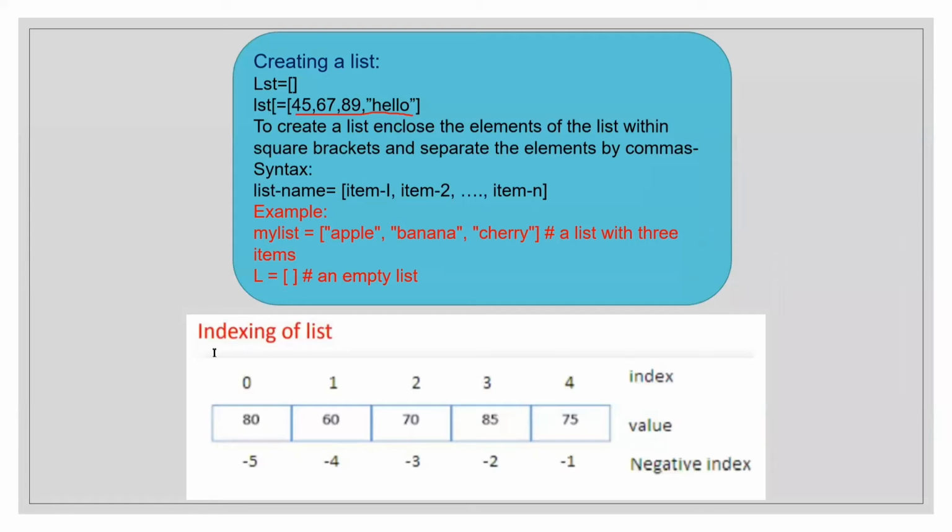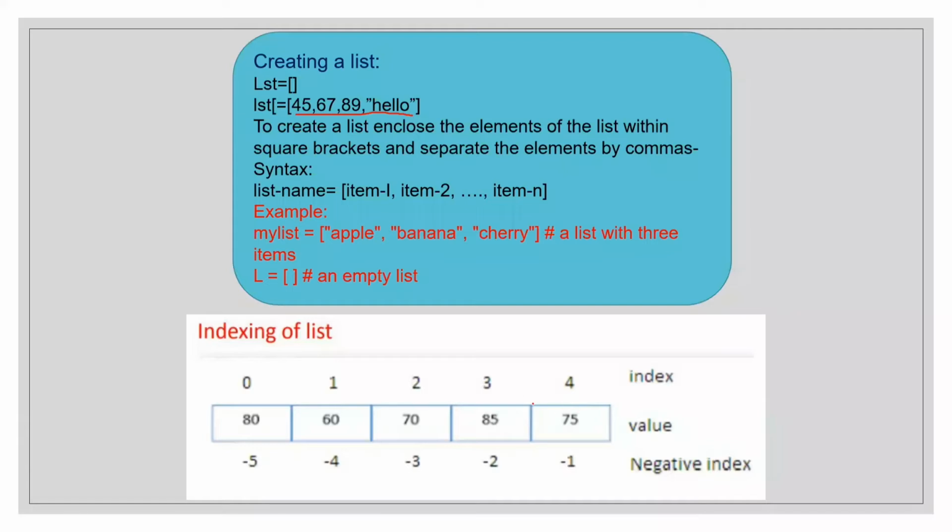Then we have indexing of a list. Indexing of a list means how we retrieve elements in the list, or if we want to change or replace an element, how we call an element. Each element in a list is given a particular index value. If we start from the front, then the indexing starts from 0 and goes on, like 0 1 2 3.